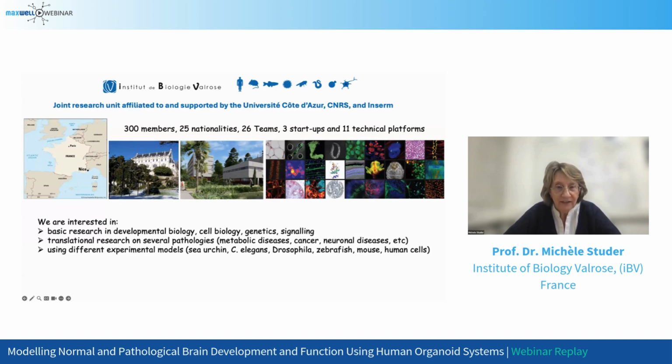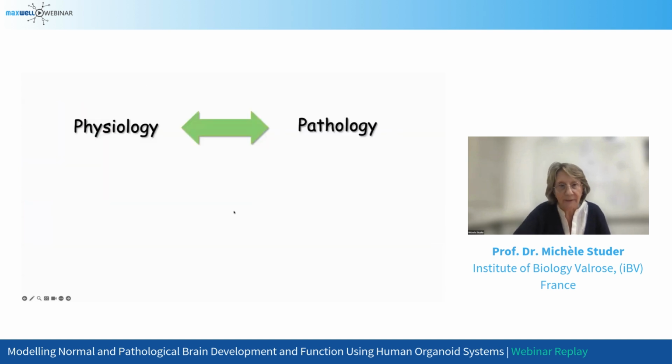We're a multidisciplinary institute interested in basic research in developmental biology, cell biology, neurobiology, genetics, and so on, but also focusing on translational research and studying several kinds of pathologies like metabolic diseases, neuronal diseases, cancer, and so on. The strength of our institute is that we are using different experimental models, from sea urchin to C. elegans, Drosophila, zebrafish, mouse, and recently human cells and human organoids.